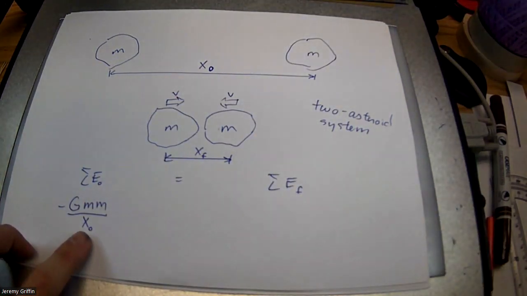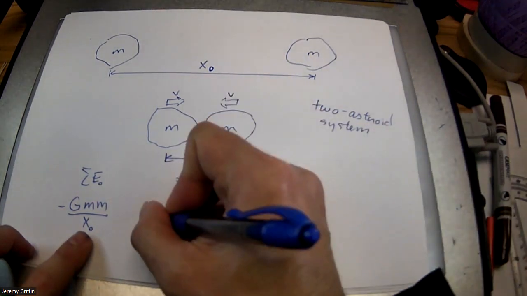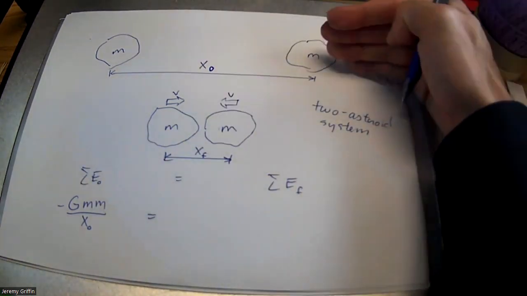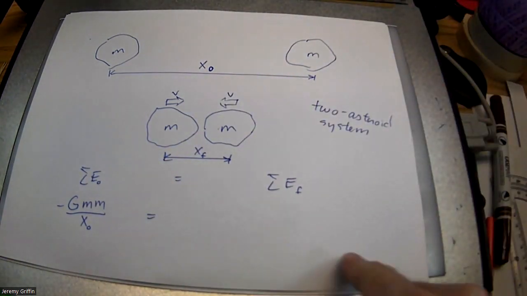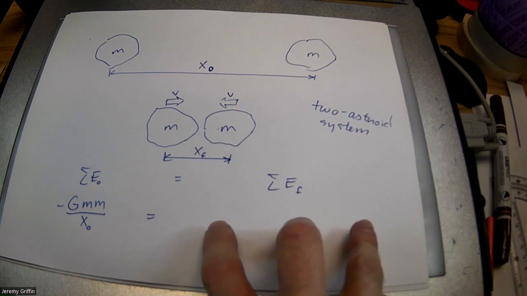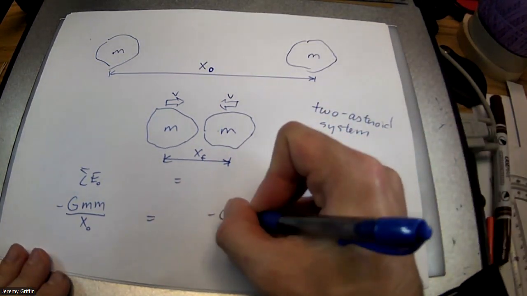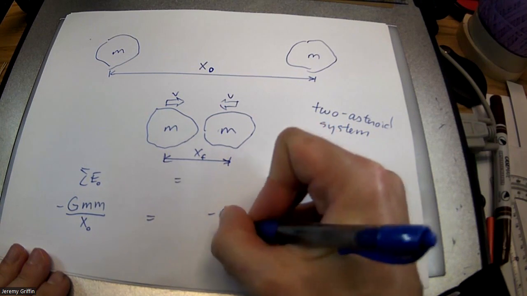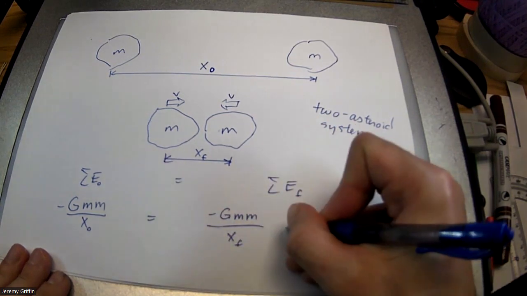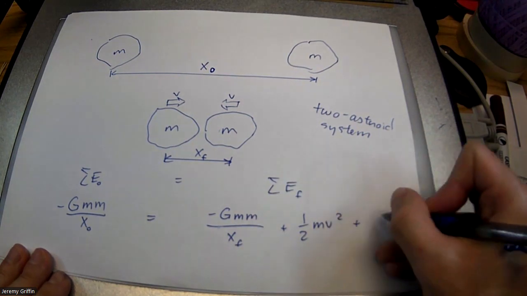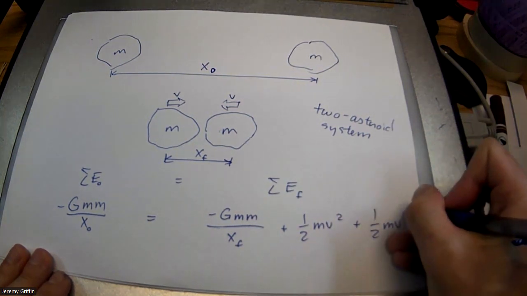And then in the final state, I bet you guys can finish this now. Remember, initial, final, what kind of energy there? Did you write negative G M M on x final plus 1/2 mv squared for the left asteroid plus another 1/2 mv squared for the right asteroid?